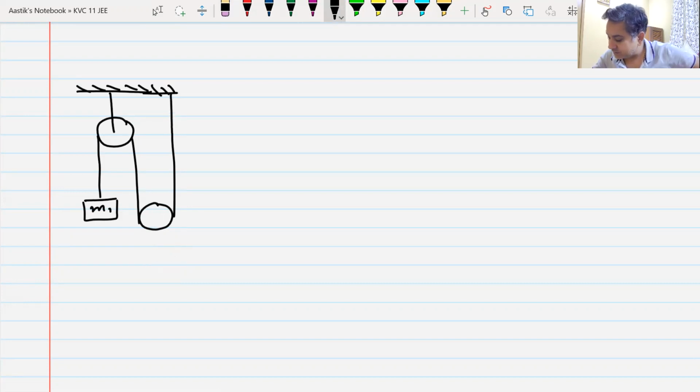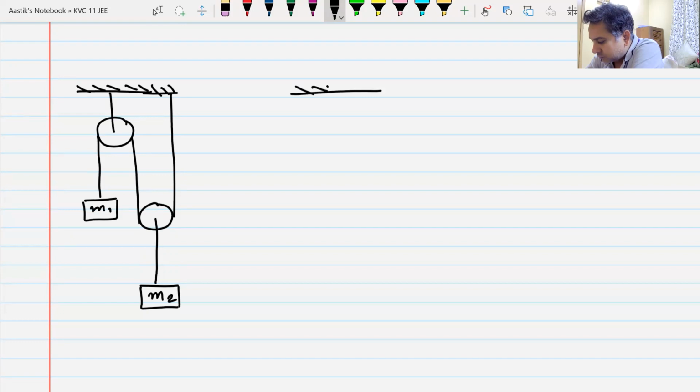Let me just make this string a bit longer. In this case, can you draw the free body diagrams of M1 and M2? I'll give you one more. Once you are done, then I will discuss them all.